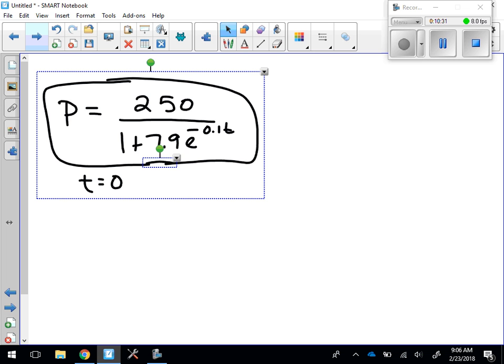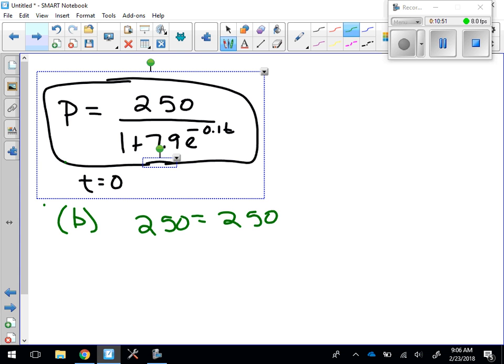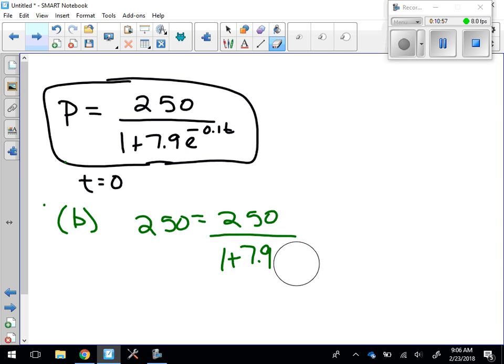Okay, so what does part B ask us to do? If I take this formula up here and I substitute in 250, so I've got 250 equals 250 over 1 plus 7.9 times e to the negative 0.1 t.